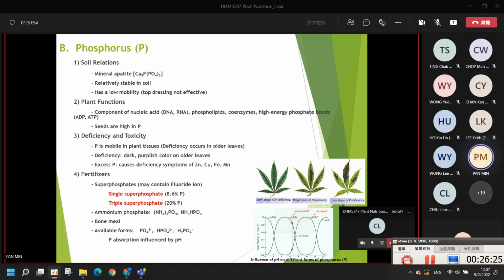The plant is usually brownish green in color, with leaves and stem becoming purplish. So you can see that the deficiency shows a purple or reddish color on the leaves, and the degree of purple is influenced by the genetic makeup of the plants, with some hybrids showing much greater discoloration than others.